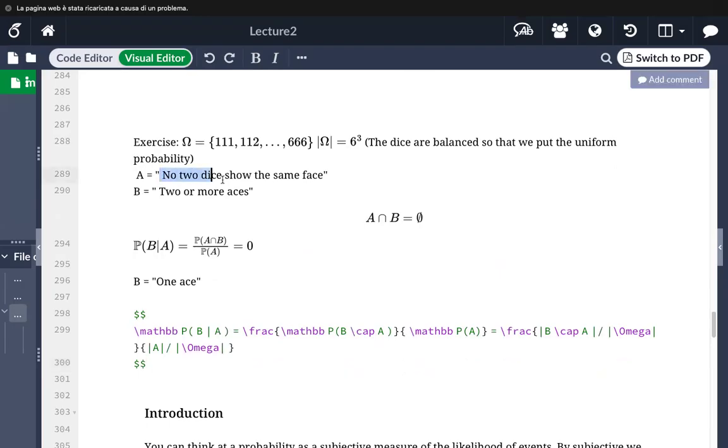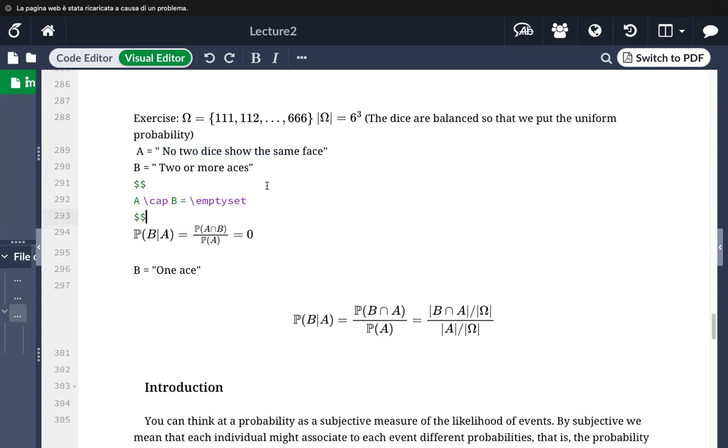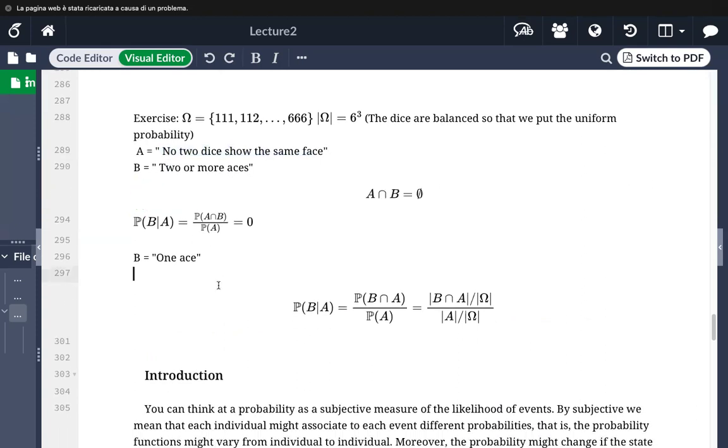A is the event that no two dice show the same face, and B is the event that two or more aces are present. But now A and B is impossible, so this probability is 0. So the exercise was mixed up with another one, so this is not the thing that I want to ask. The probability of 1/8, I want to ask this one.